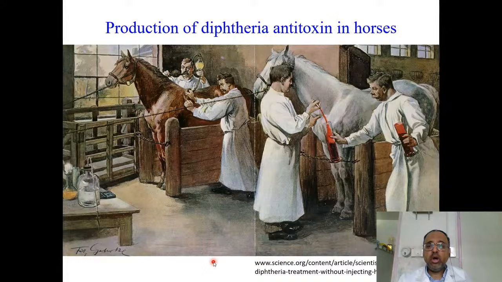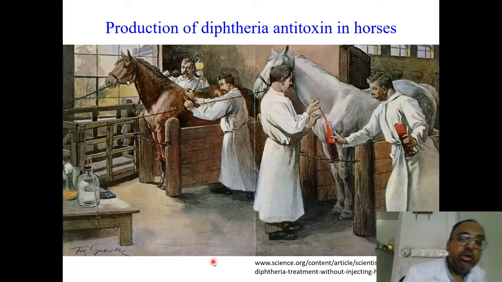Well, the same process was done for tetanus toxin, and the production of antitoxins or anti-sera was later adopted to generate anti-sera for venoms from snakes or spiders or scorpions. So these are all examples of anti-sera.